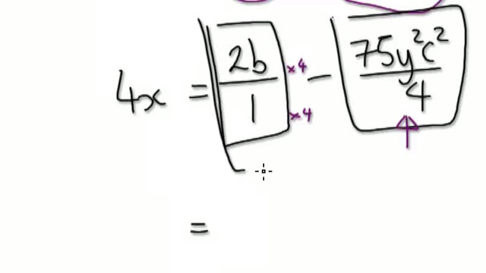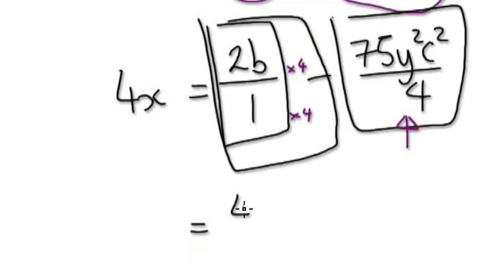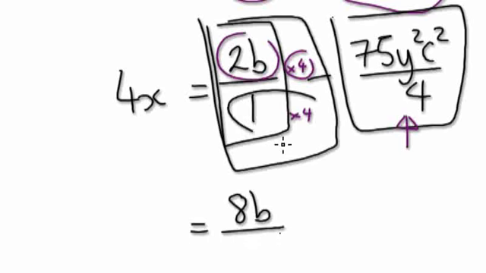So now basically this fraction here will become 2b times 4, which will be 8b, and then 1 times 4 will be 4.